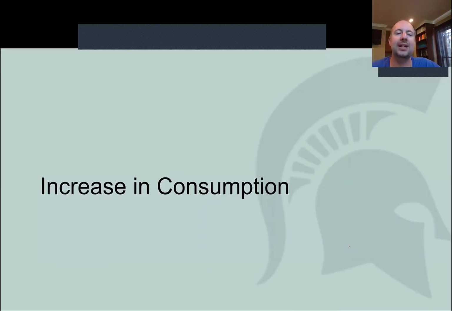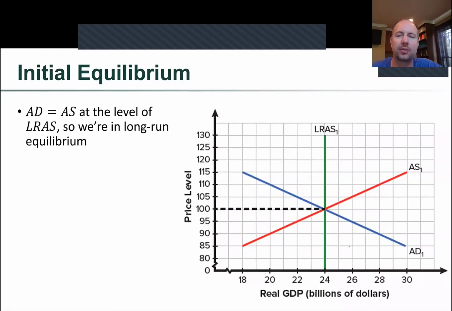So let's think about an increase in consumption. We're going to start off in long run equilibrium. Aggregate demand equals aggregate supply equals long run aggregate supply. We start off with our price level of 100 and GDP is 24.